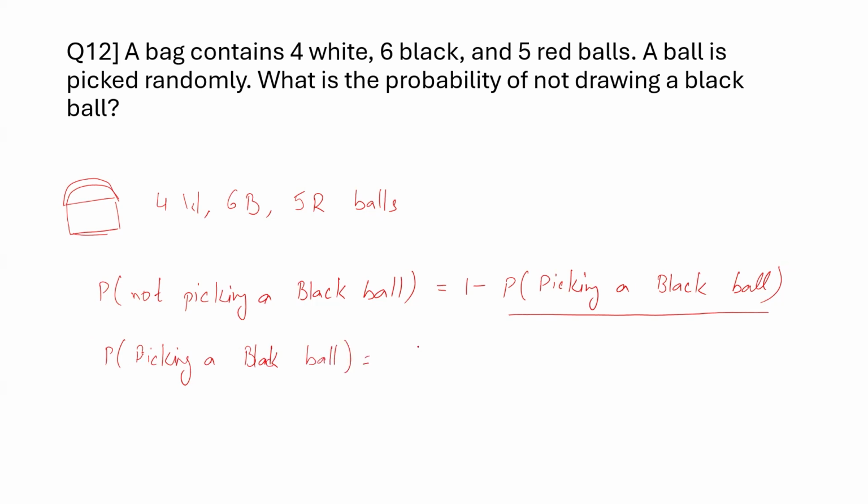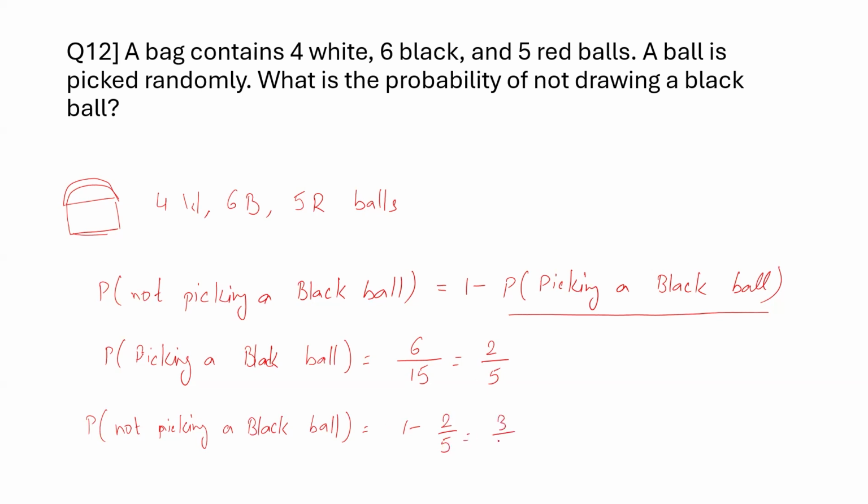How many black balls are there? You have 6 black balls. How many total balls are there? It is 15. So 6 upon 15. This you can also write as 2 by 5. Now the final answer. The probability of not picking a black ball is 1 minus 2 upon 5.